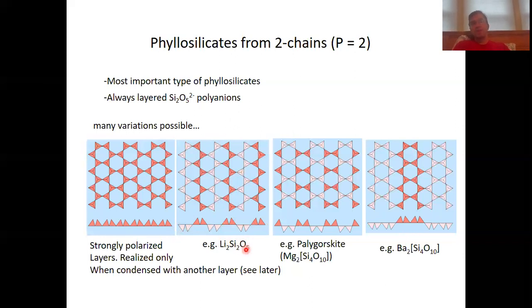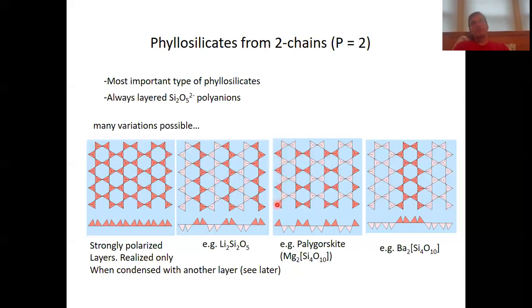Okay, there are also other possibilities how we can take away the polarization. You see here another possibility. So you see here in one chain, the first tetrahedron points upwards while the next tetrahedron points downward, and that principle alternates throughout that chain.